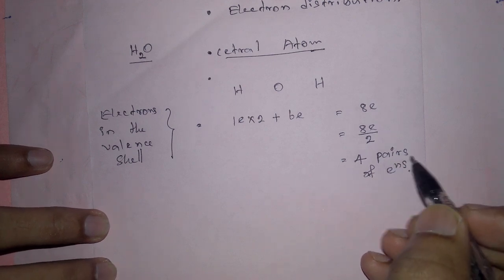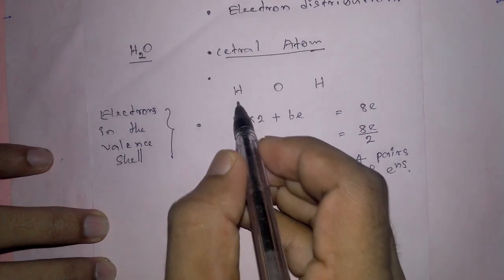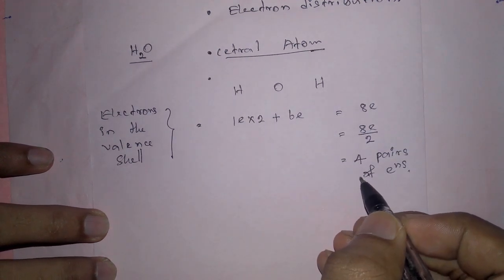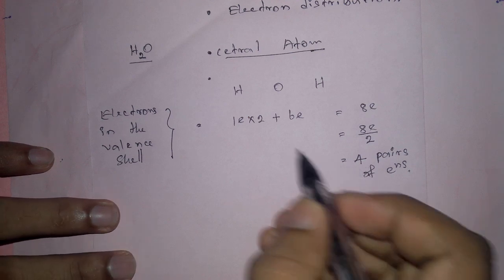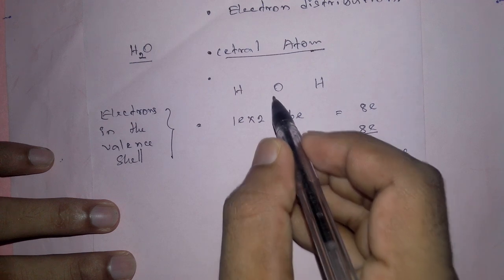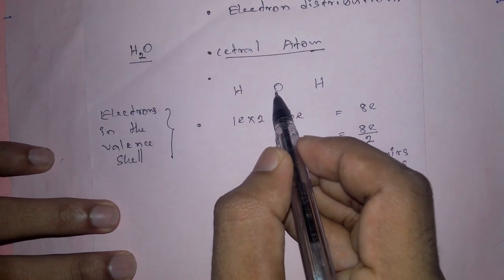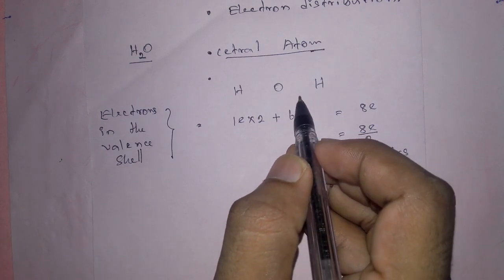The next step is distribution of these electron pairs among atoms. Here first thing is the formation of a single bond between central atom and peripheral atom.